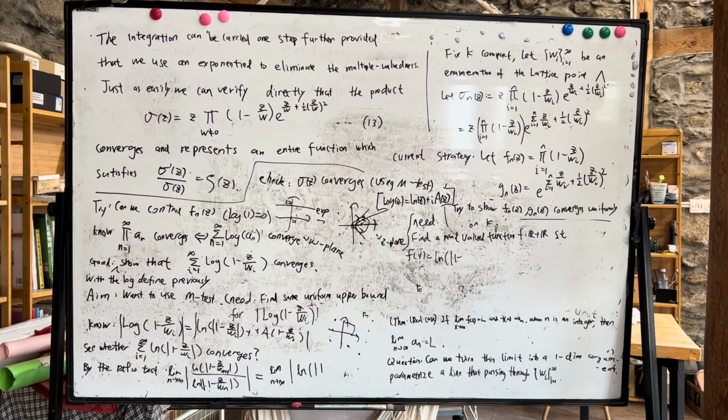I'm trying to show that this f_n(z) and g_n(z) converge locally uniformly on any compact subset K.